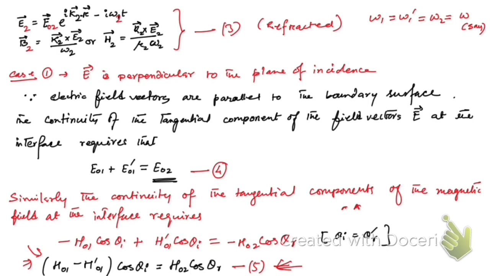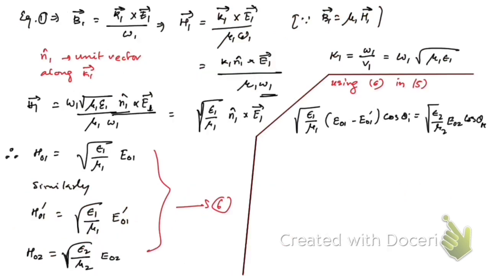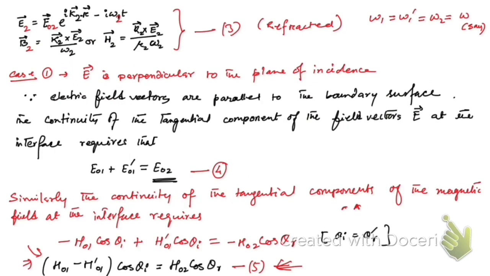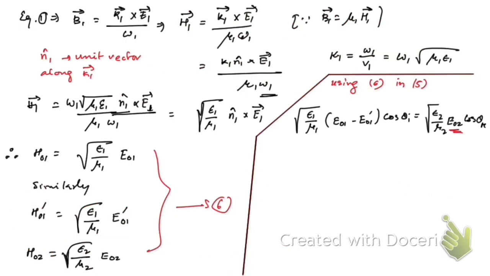Just do one thing, just replace this one by this result. So then, if we use equation number 4 here, the left hand side remains the same. This is the left hand side.